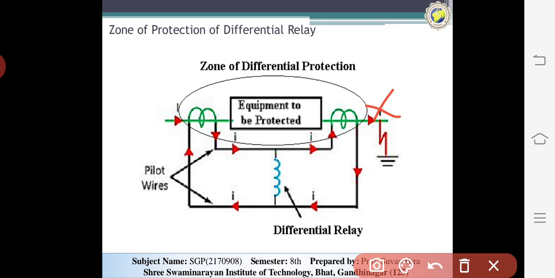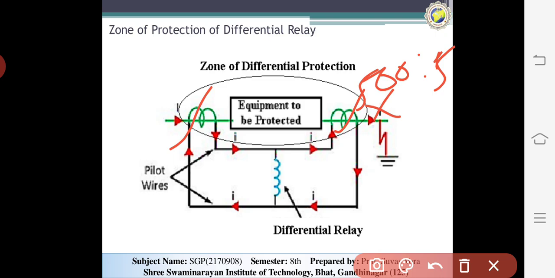Now the two CTs have the same ratio, for example 5000 by 5 amperes.